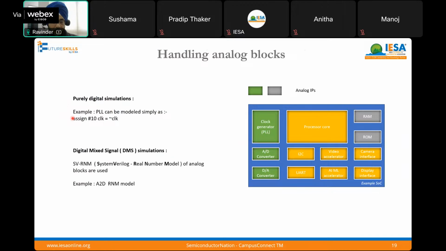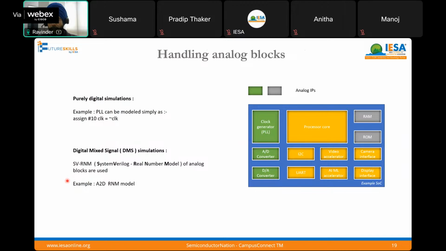But in other cases, where we actually need to verify the analog behavior of the analog blocks in chip level simulations, we use digital mixed signal simulation. This is the latest technique currently being used, and here we use the real number modeling feature of SystemVerilog.